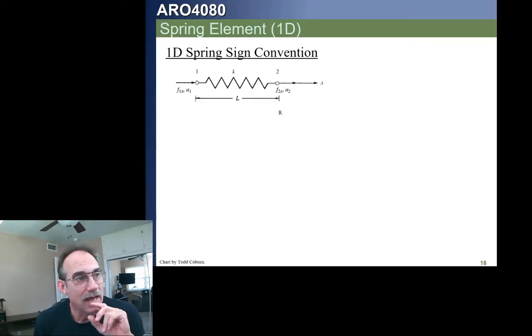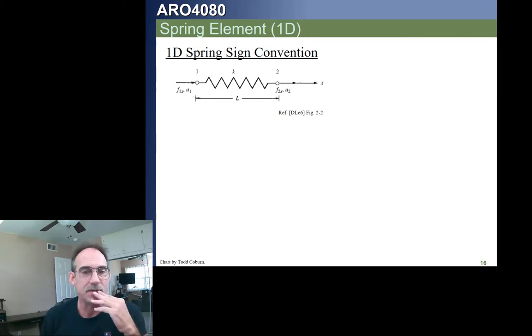All right, before we do that, we're going to take a look at our spring sign convention. Once again, we need to define a spring sign convention. The local sign convention for the spring is going to be aligned along the spring from node 1 to node 2. Let's think about that for a minute.